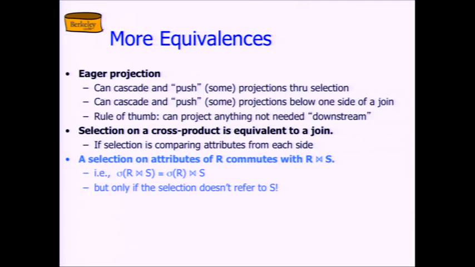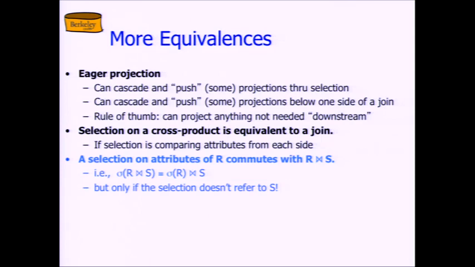You can certainly push this operator down there because R dot A is available. Once you go below this join, you cannot push it down this way. You can only push it down this way because it's referencing R dot A. So this is just straightforward variable scoping. You can only push selections down where the variable is in scope.